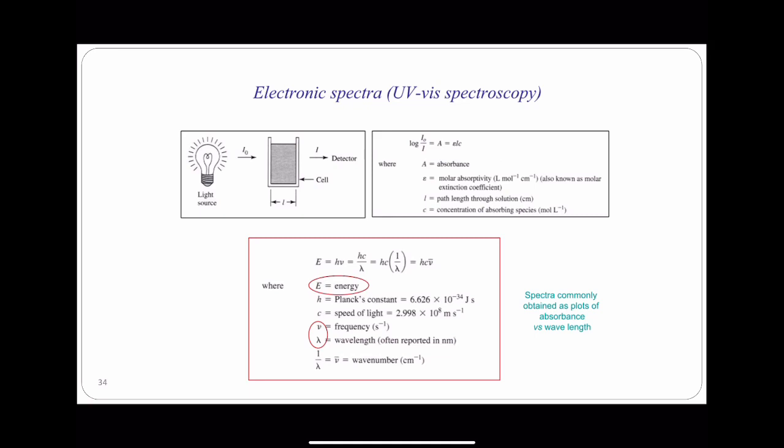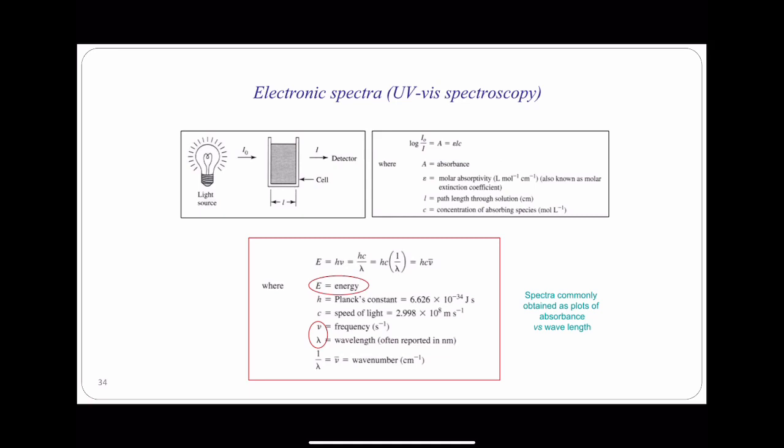The way these systems work then is, of course, we have a sample that's held in a cuvette, and we shine a light source through it. That light source has some incident intensity that's denoted as I naught, and we can measure that intensity when the sample cell is empty, and then also when we have our analyte in the sample cell, in order to see the difference between the intensity that actually gets to the detector.